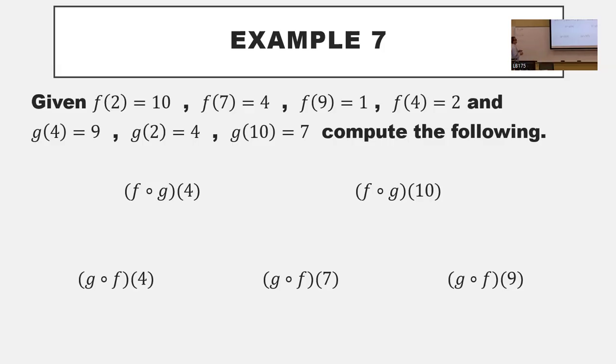So let's start out with g of f. No, let's start out with f of g of 4. Excuse me, this top left one. Right? We're going f of g of 4. So what we would do is we would take the function f and we plug in g of 4. And so we look back into our expression outputs here, and it says g sends 4 to 9.